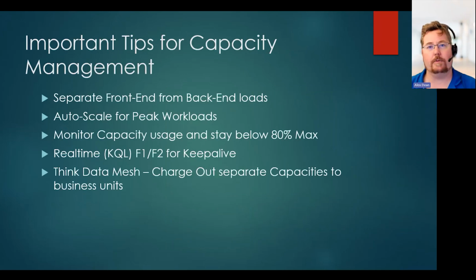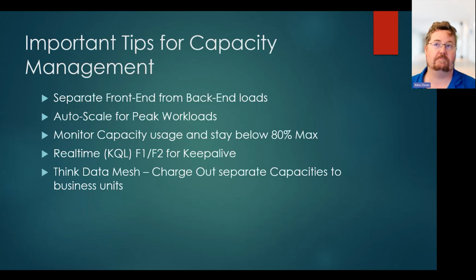A couple of things to keep in mind. If you know that your end users are going to get nasty error messages if the capacity is being throttled, you don't want that. You really don't. So Microsoft's recommendation actually is to separate your front end and your back end capacities. Don't buy one, buy two. Have an F4 for front end and an F8 for back end.